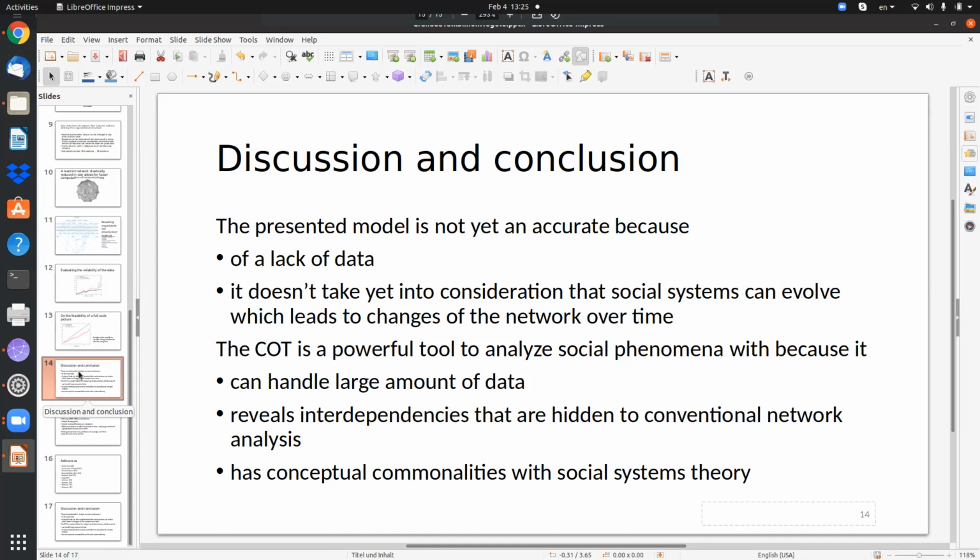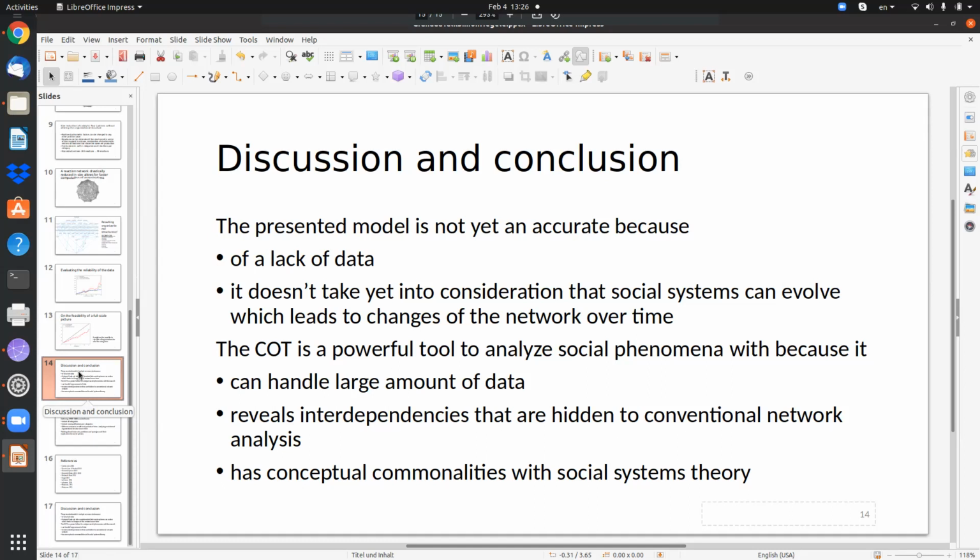And something I didn't yet take into consideration is that, of course, we have high similarity to chemistry, but in the end, you have to pay respect to the fact that we don't actually have molecules, but subsystems, and they can evolve. So the reaction network would change over time. So yeah, I didn't do that yet.